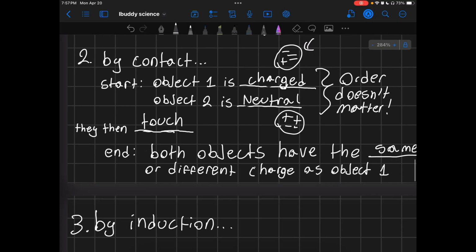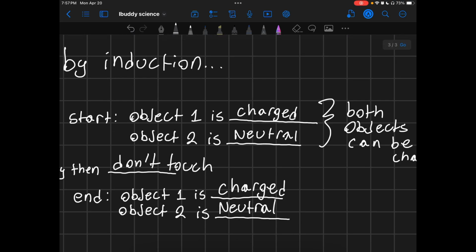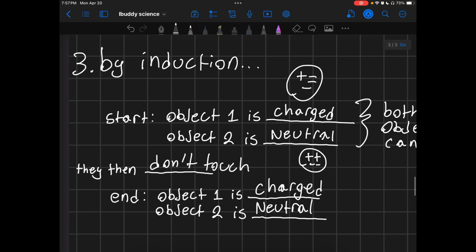Now the last case is charging by induction. At the start, object one will be charged, and object two is usually neutral. But in this case, both objects can be charged, so it's not necessary that object two has to be neutral. In this case, they don't touch, unlike the other ones.